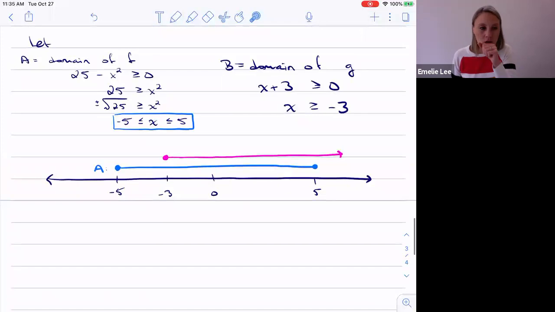So if we go and we find that this is B, A and B is the overlap of these two. So that's only between -3 and 5. That's the overlap of these two. And notice that these two circles are closed.